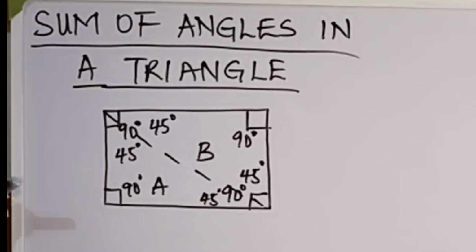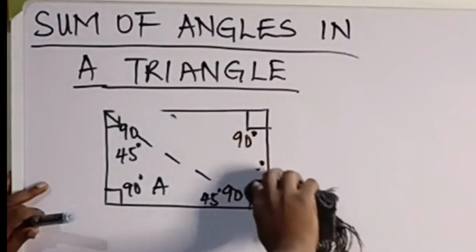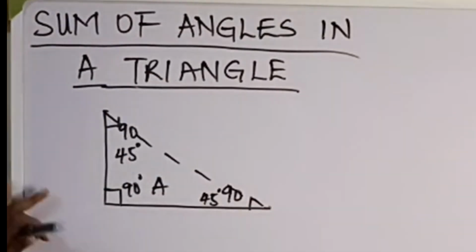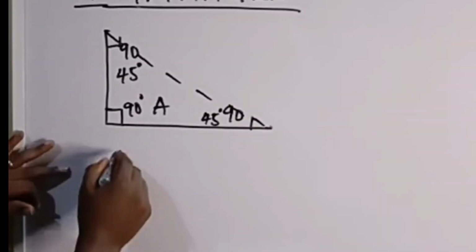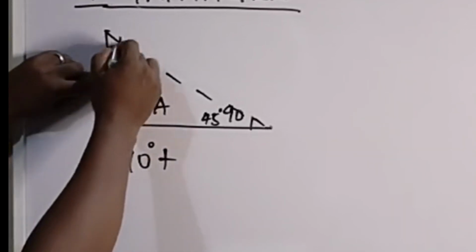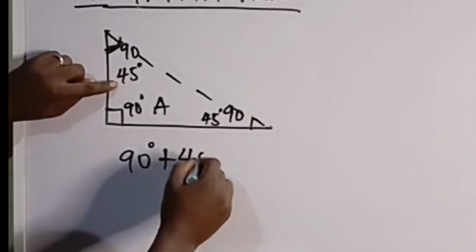So if we decide to wipe off this second triangle, we now have one triangle. Let's see the sum of angles in a triangle. This angle here is 90 degrees, so we have 90 degrees, plus this angle here is no longer 90 degrees but 45 degrees, so we have 45 degrees.